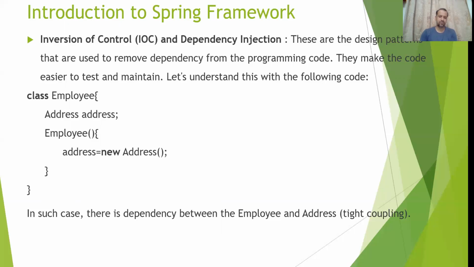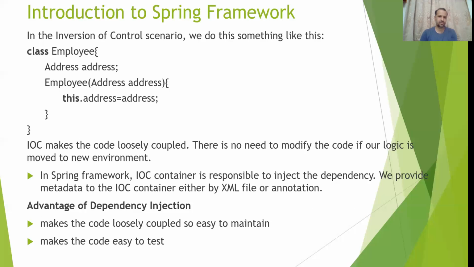To overcome this problem, they have given inversion of control. Here, instead of creating the object of the address class, you are just going to pass the address object of the address class in the constructor of employee as an argument.